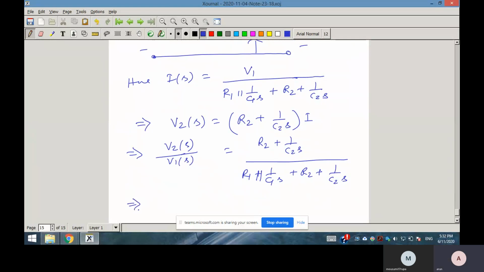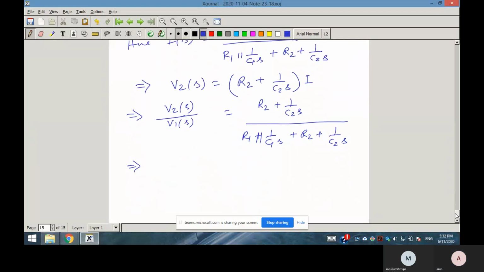So this can be written as V2(s) by V1(s) equal to what?